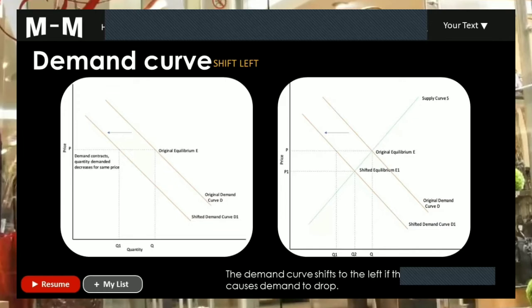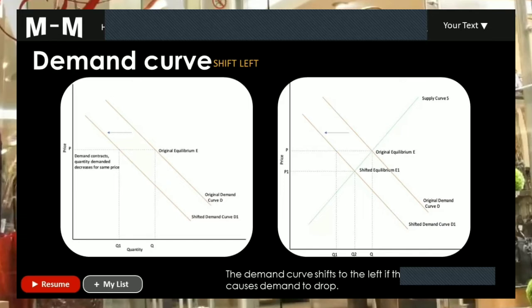The demand curve also shifts to the left or right when another variable is introduced. For example, if a celebrity gives an interview and mentions his favorite candy bar, demand for that candy bar might increase due to consumer curiosity or desire to be trendy. The price didn't have to change for demand to increase, so the curve shifts to the right.